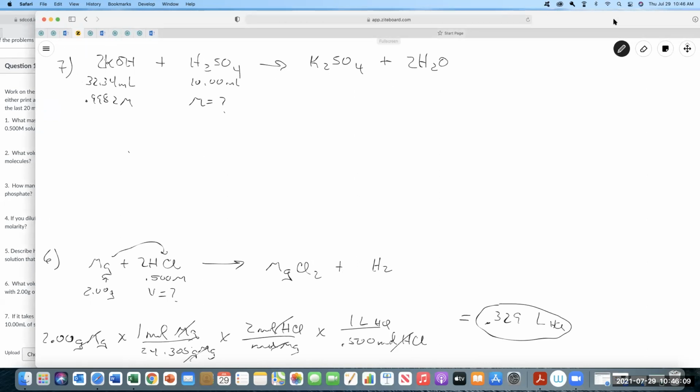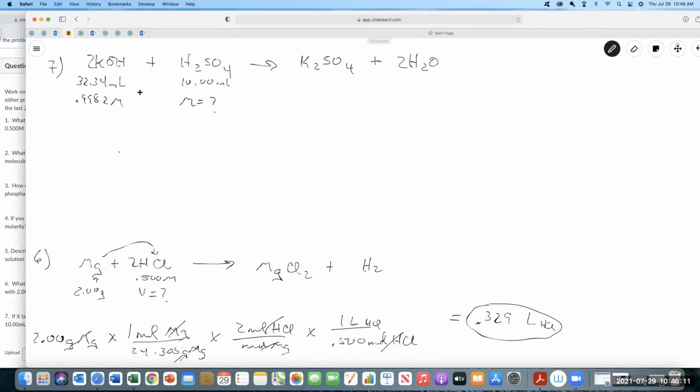All right, so I want my final answer. Again, obviously we can get to moles here. So we'll use this to get to moles, if you like diagramming, right? And then we're going to get to molarity. Unit-wise, my final answer is going to be moles of H2SO4, molarity of H2SO4.